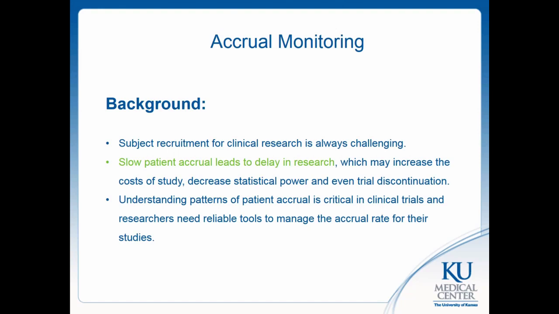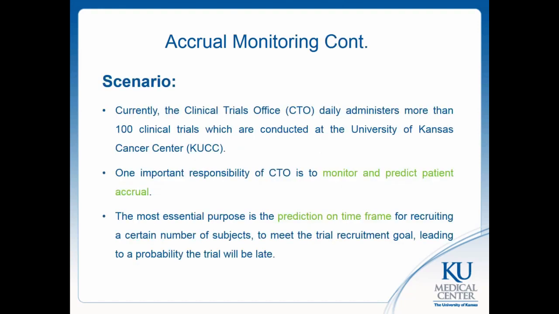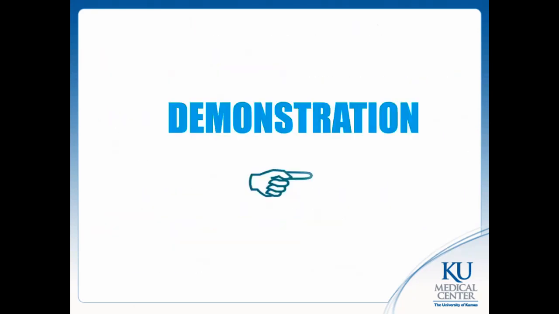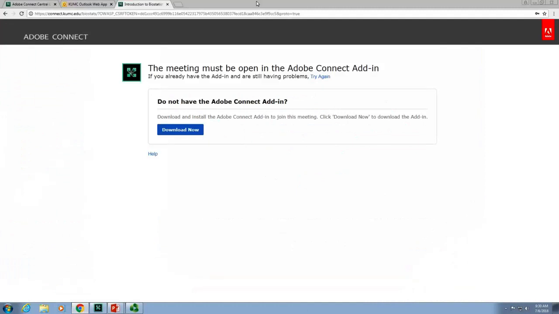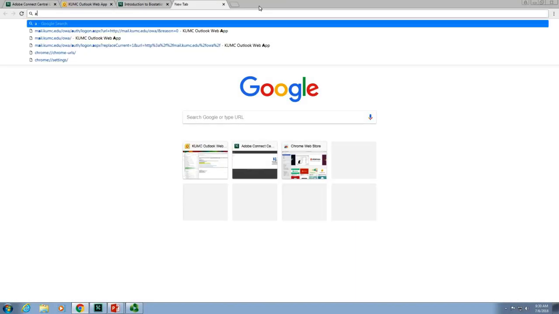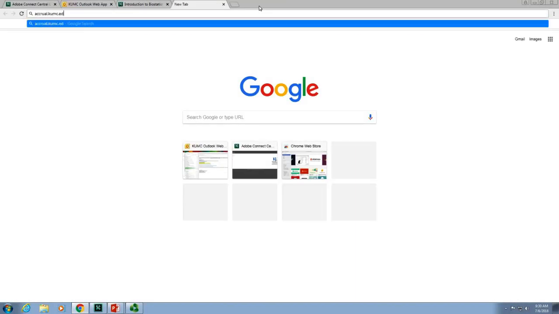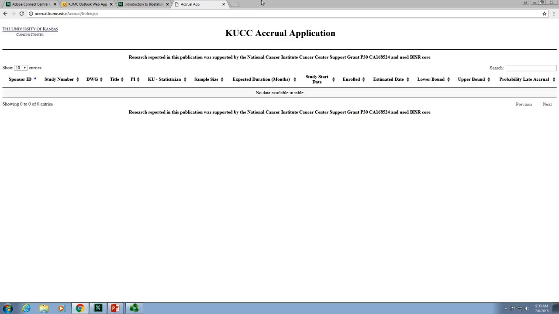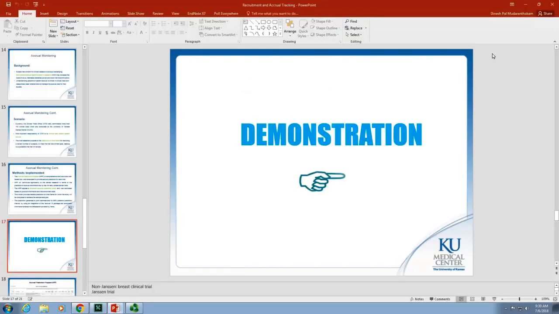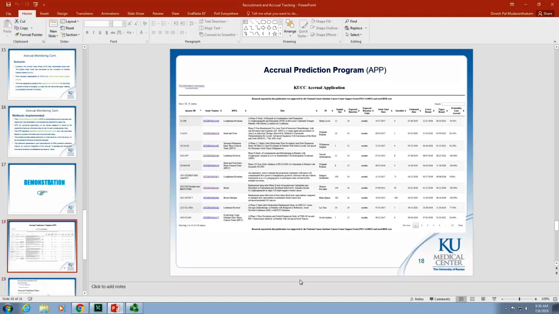In order to monitor our accrual, our statisticians have developed an accrual app which works on a Bayesian adaptive design. We took this algorithm and implemented it on top of the data from all our cancer center trials.